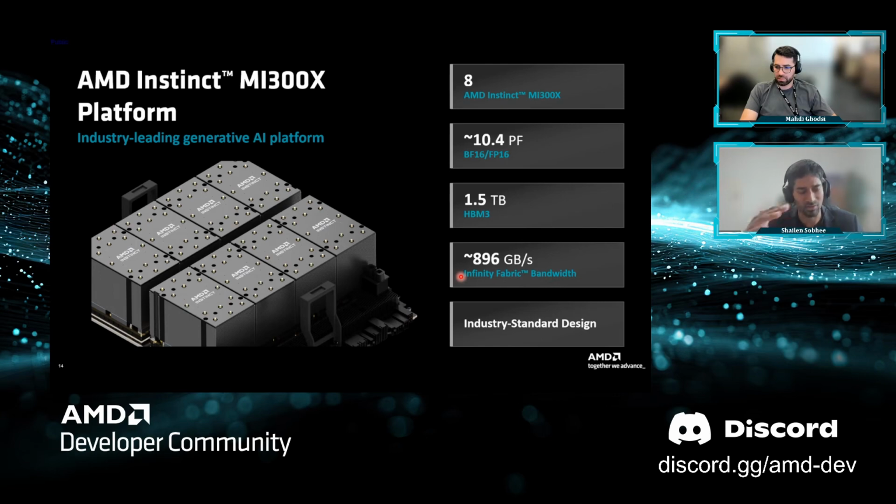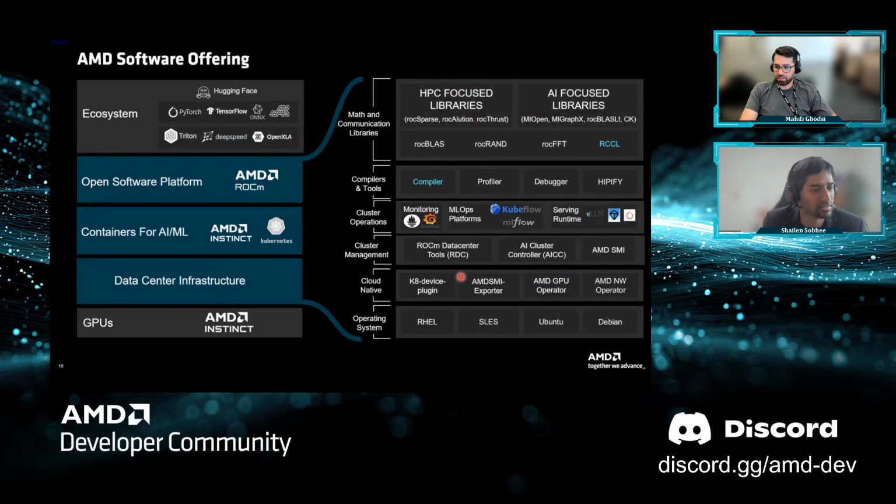Now thinking at the rack level, you can have multiple nodes building more GPUs if you ever need it. So powering all of this hardware is the ROCm stack, and that's a kind of a bird's eye view of the whole ROCm stack, what is in there.